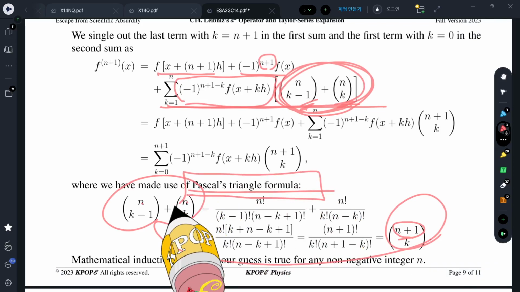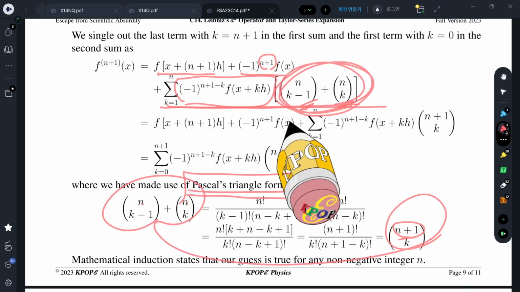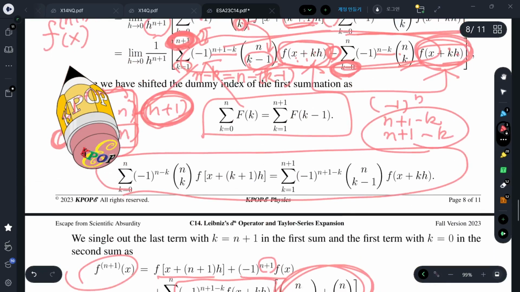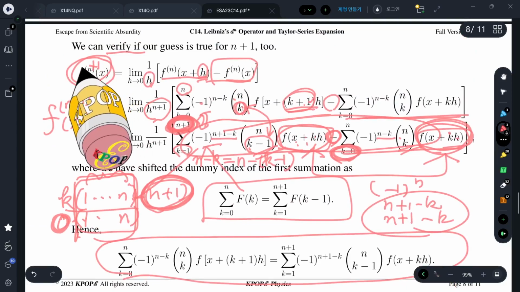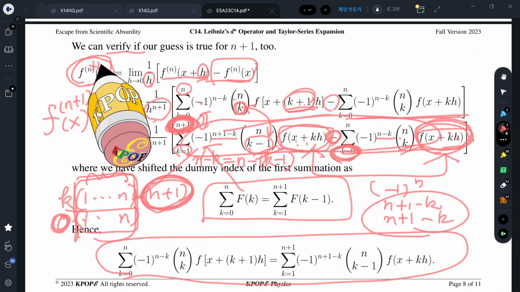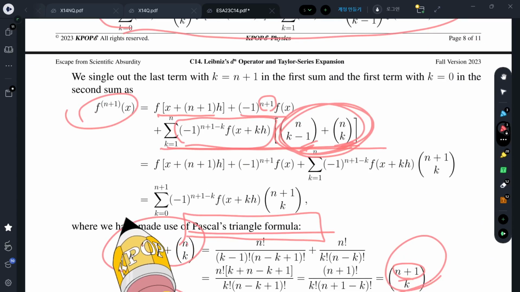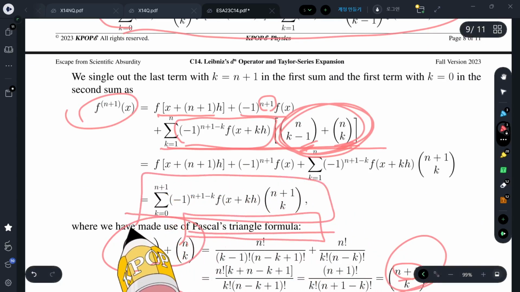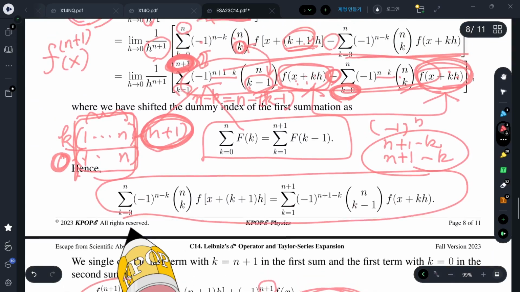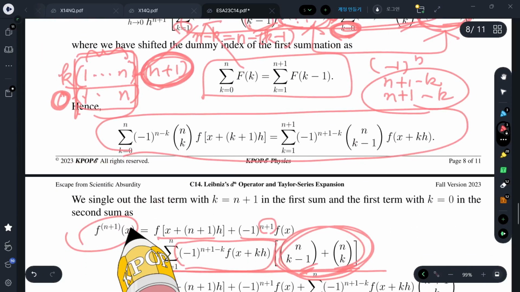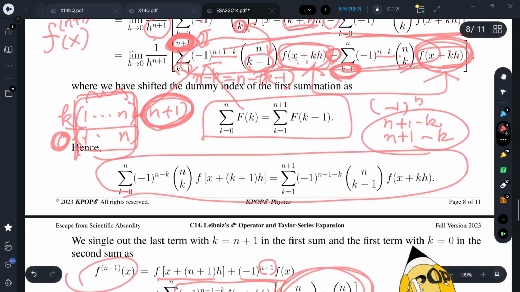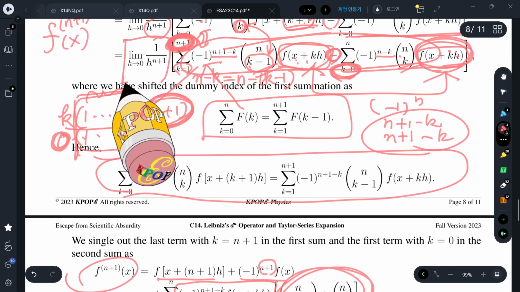Okay, so finally this n plus 1. So I told you there was a typo in there. The n plus 1th derivative is completely evaluated in this manner. Sure, there's another mistake.